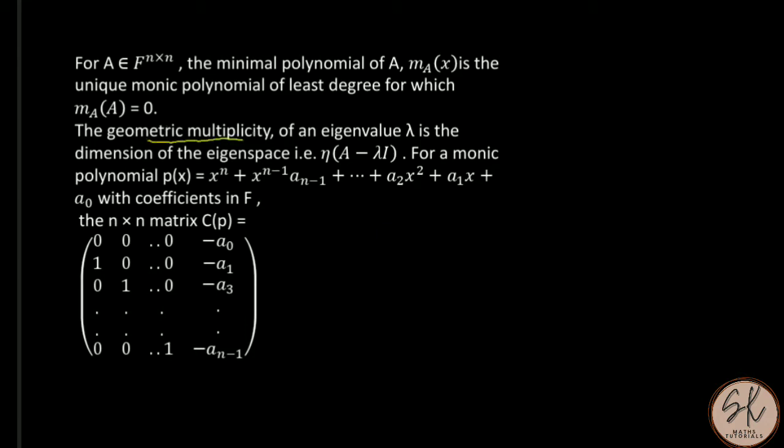The geometric multiplicity of an eigenvalue lambda is the dimension of the eigenspace, that is nullity of A minus lambda I. Now let me explain all this through an example.